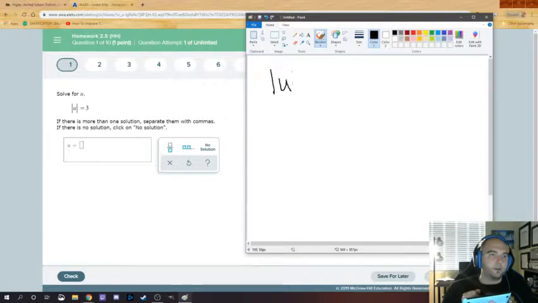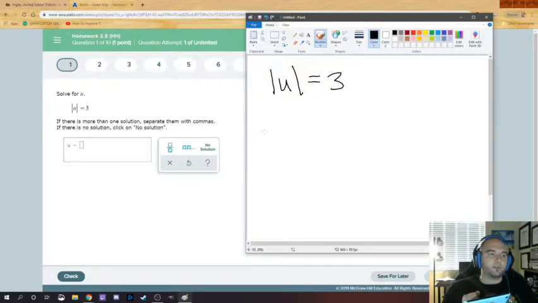All right, the absolute value of u equals 3. There's really not work to do here. What this is asking you is how far from 0 are numbers on the number line such that they're 3 away. What numbers on a number line are 3 away from 0? That's what this is essentially asking you. And there's 2 answers.